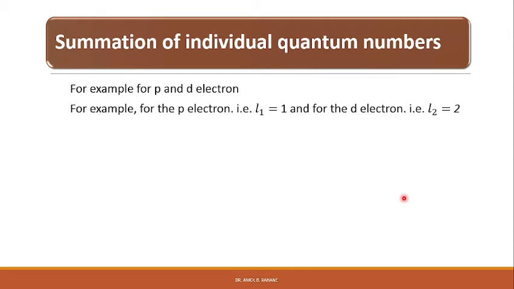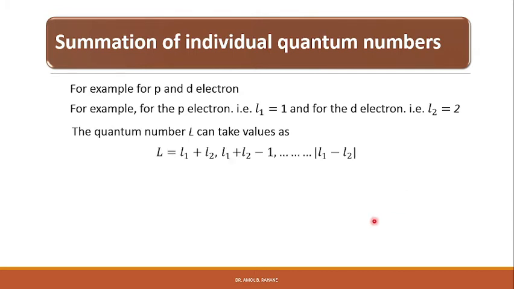For example, for the P electron, L1 is equal to 1 and for the D electron L2 is equal to 2. The quantum number L can take values as L is equal to L1 plus L2, L1 plus L2 minus 1, up to mod of L1 minus L2. Therefore, we get L is equal to 1 plus 2, 1 plus 2 minus 1, up to mod of 1 minus 2, right.